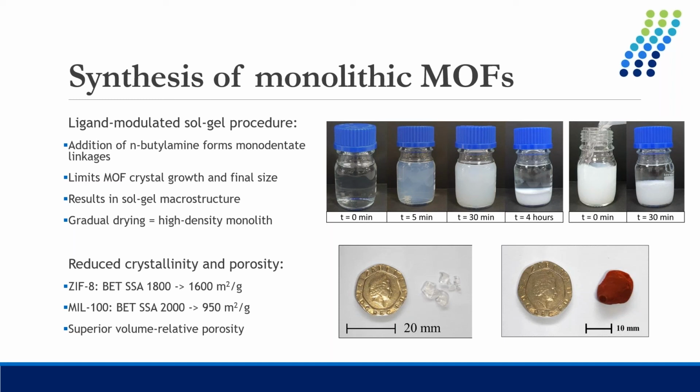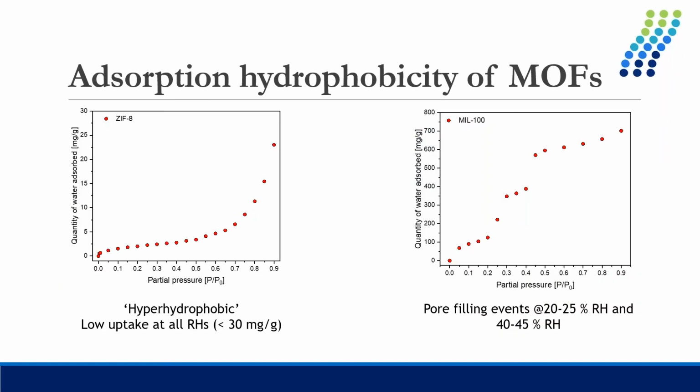This does reduce the crystallinity and also the porosity of the final material. But when you take into account the superior density of the material, so in some cases the density increases by 3 or 4 times, the volume relative porosity and the volume relative performance can often be either the same or even higher than the powder.